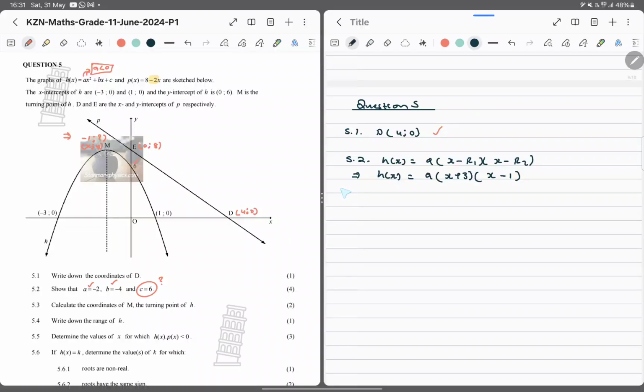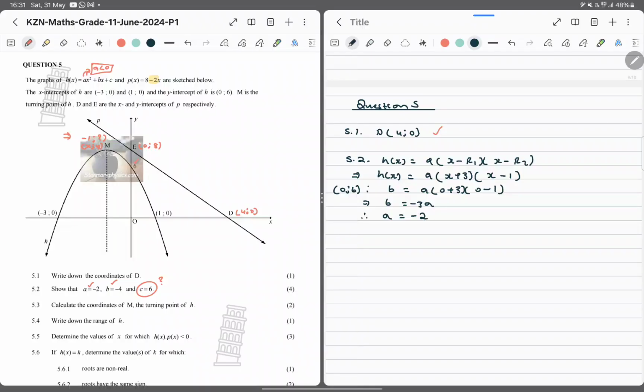We take the point, which is the y-intercept, 0 and 6, such that 6 is equal to a into 0 plus 3 into 0 minus 1. We've got 6 is equal to 3a. Sorry, minus 3a because of this negative. Therefore, a is minus 2 indeed.